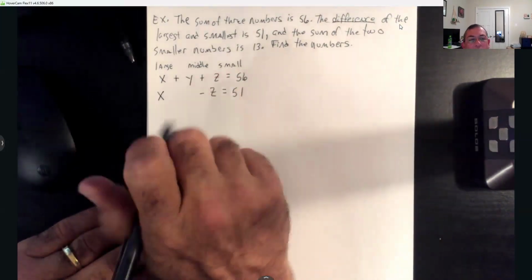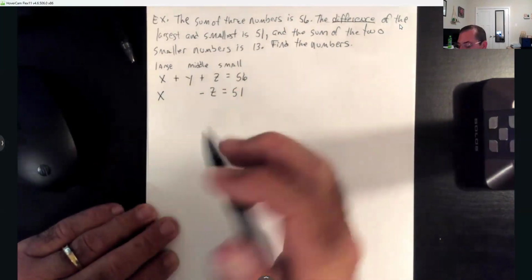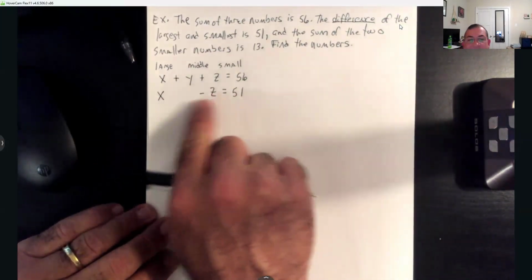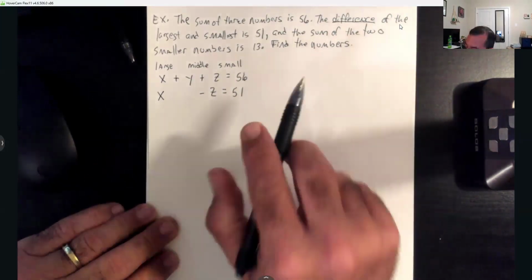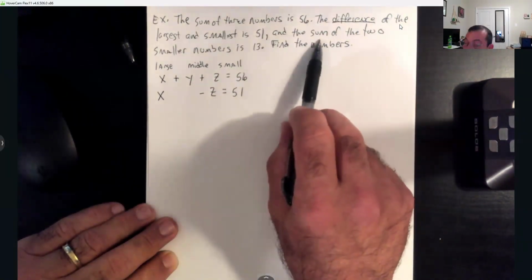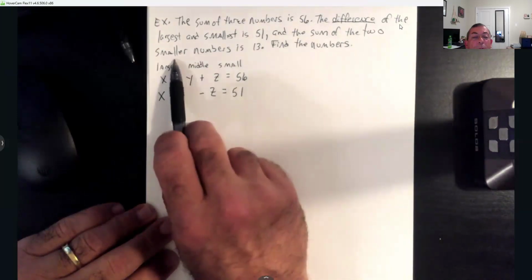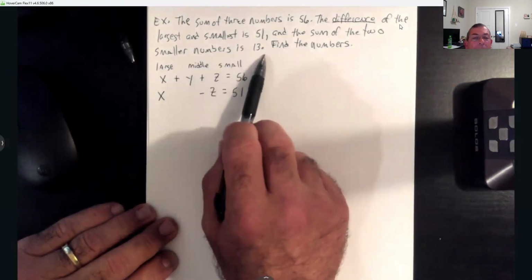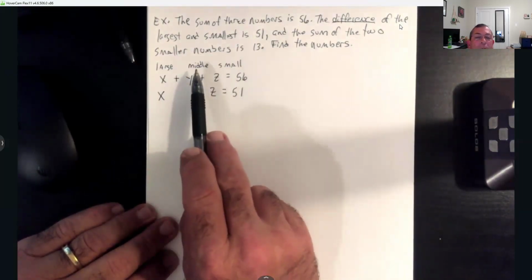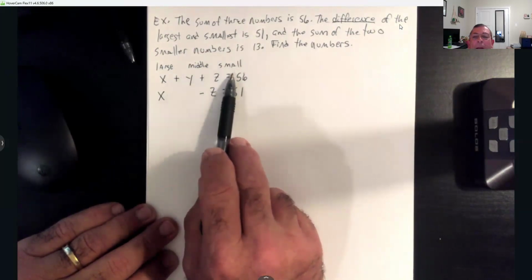That's why I label my columns on some of these, so that I get my signs right down here. And the third sentence, the sum of the two smaller numbers is 13. Well, my smaller numbers will be the middle and the small.